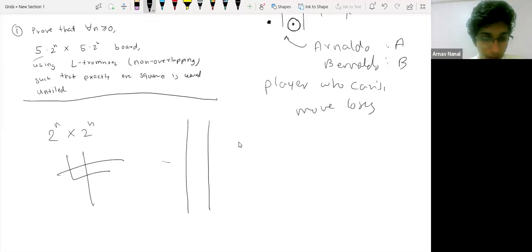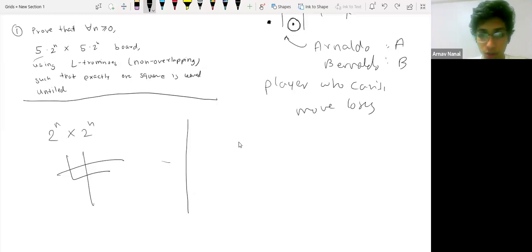So when you are dividing into 25 squares, do you think it would be easier if you try it the reverse way? Since you are aware that you need to use induction, do you think it would be easier if you divide the 5 times 2 to the n into 5? What else can you do instead of dividing into 25 squares?